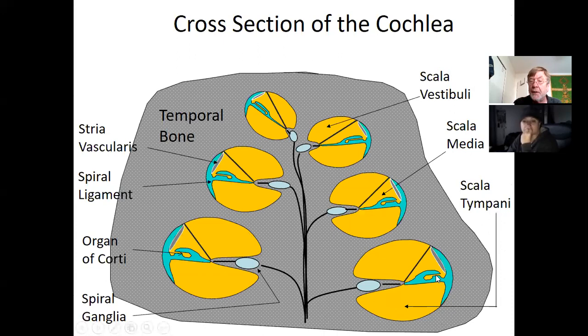Right here, right here. Right here, okay? And notice that that region gets wider as you go toward the apex. So at the base of the cochlea, you have one row of inner hair cells, 3 rows of outers. In the middle of the cochlea, you've got 1 row of inner hair cells and 4 rows of outer hair cells.